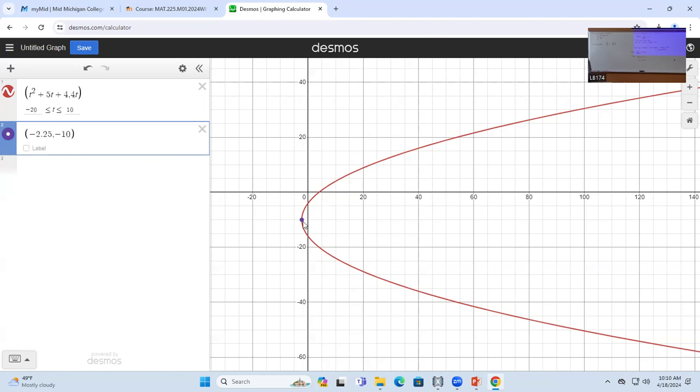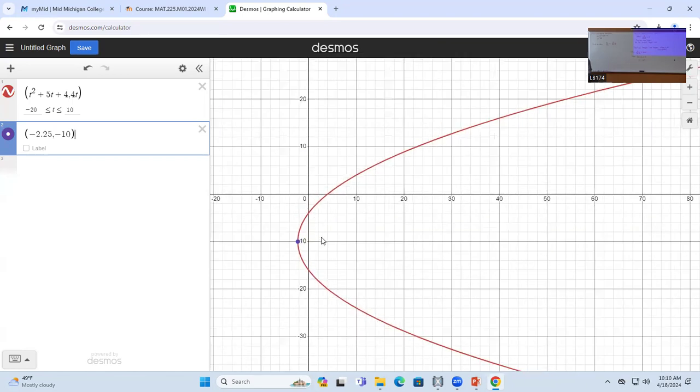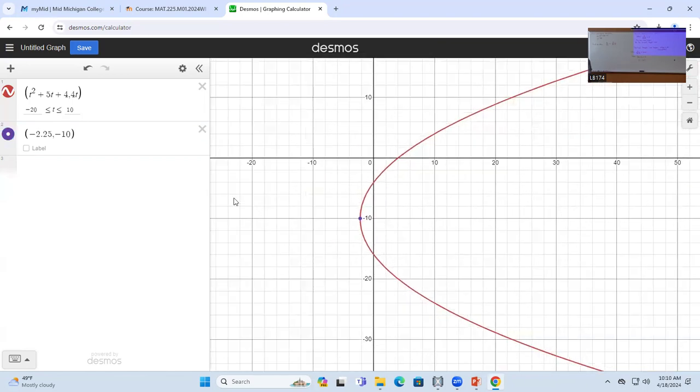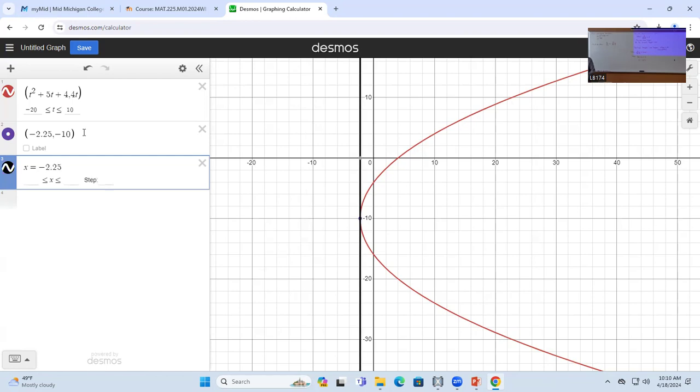At that point, we do have a vertical tangent line. Hopefully we can see that. If not, let me draw it. It'd be x equals -2.25. You get that vertical tangent line there.